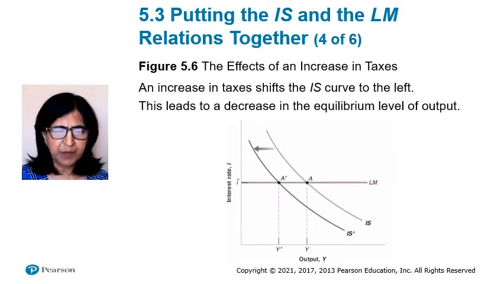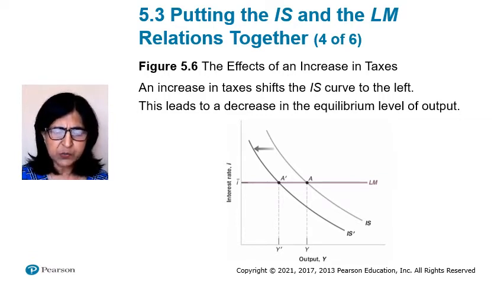Step 2. Effect on equilibrium output and interest rate. Output decreases from Y to Y prime. By assumption, the interest rate does not change. Thus, as the IS curve shifts, the economy moves along the LM curve from A to A prime.